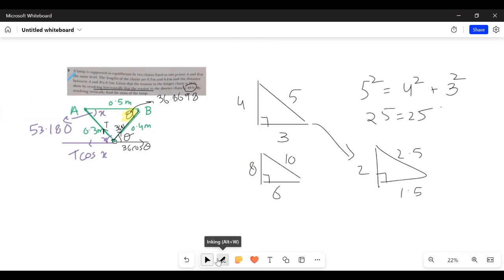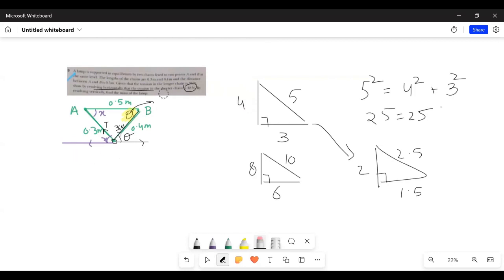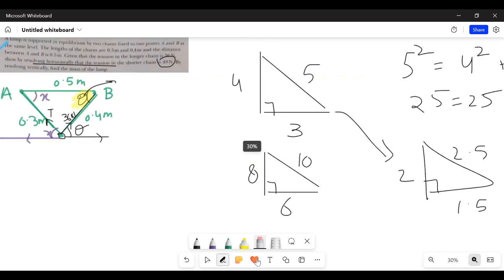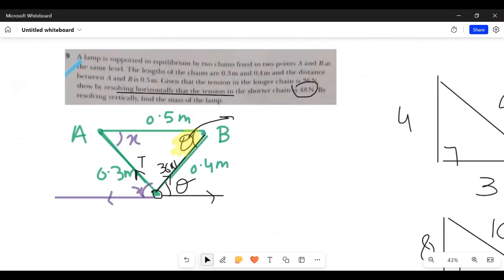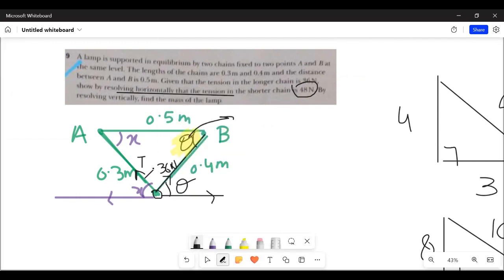So this also is a right angle triangle. So that means that there's a 90-degree angle here. So this is a right angle.